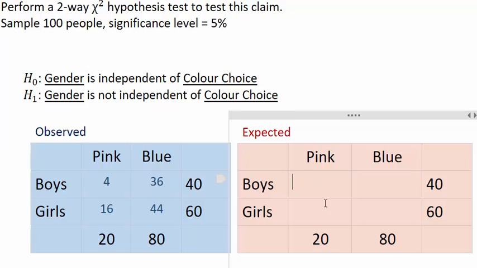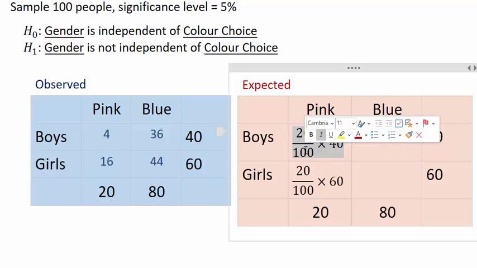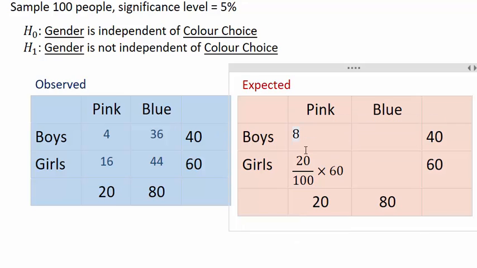And the way we do it is this. We know that 20 out of 100 people, 20% of people, prefer pink. Now, because gender has got nothing to do with that, I would expect 20% of boys to prefer pink, and I would expect 20% of girls to prefer pink. So 20% of the 40 boys should prefer pink. 20% of 40 is 8.